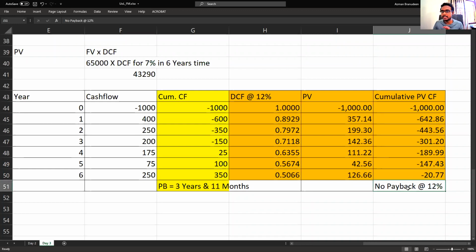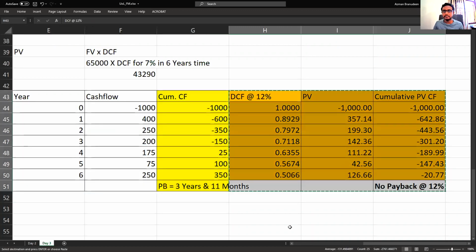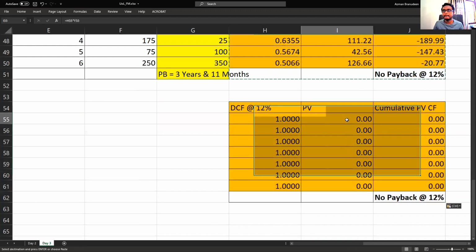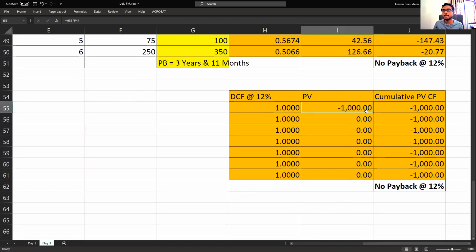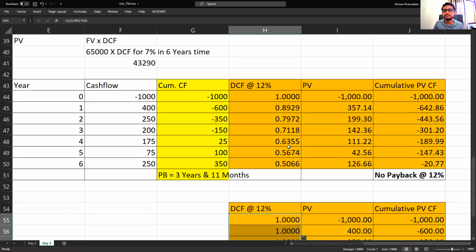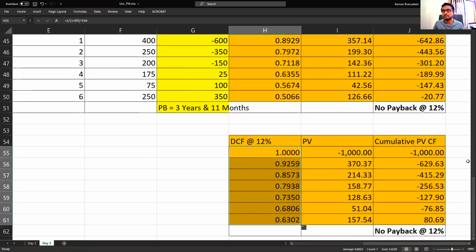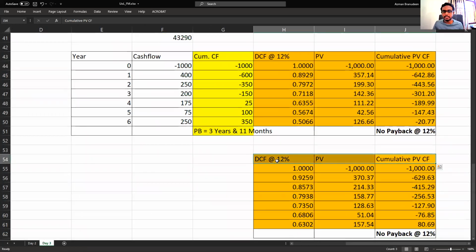So you can get a situation like this. As you can see, what if I reduce my cash flow to, let's say, let's say 8%. So at 8%, check what the payback is.